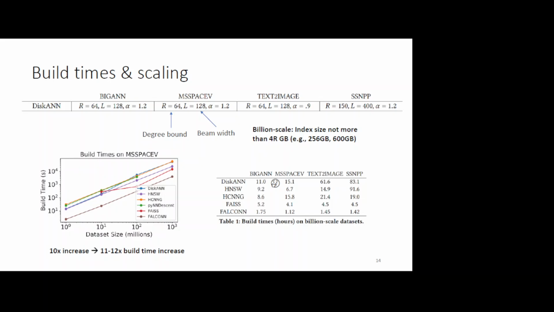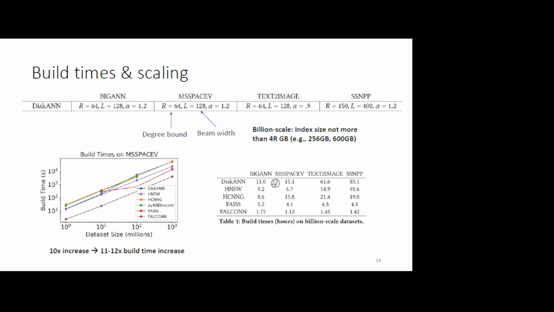Here we didn't count the raw data. If you include the raw data, MS SPACEV is about 100 gigabytes. So you have to add 100 gigabytes to 256 gigabytes. In total you need more than 300 gigabytes. You have to spend so much memory to store your data.